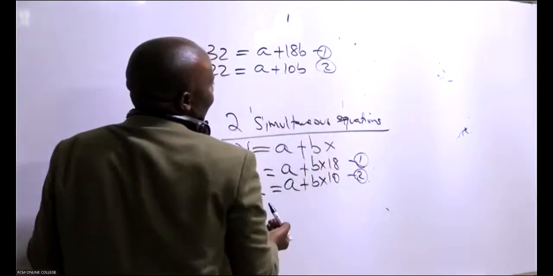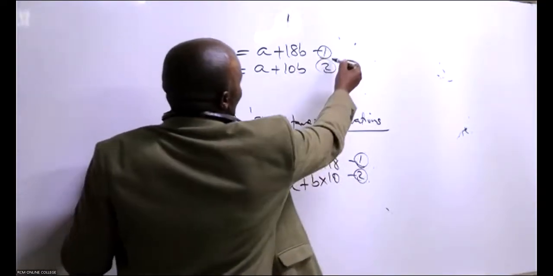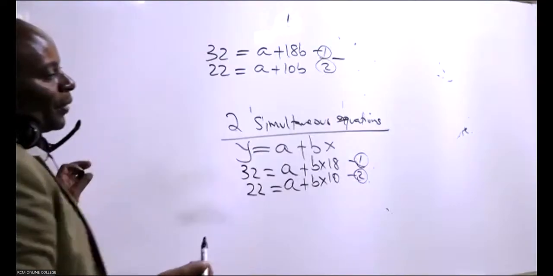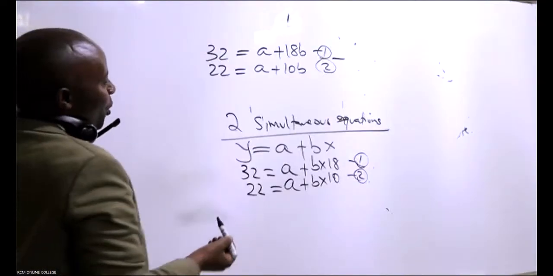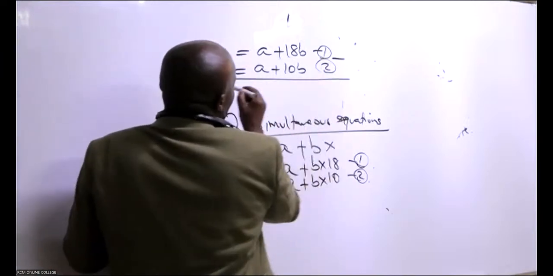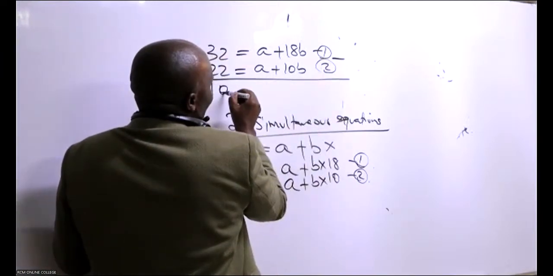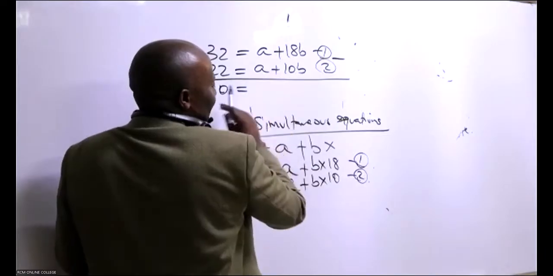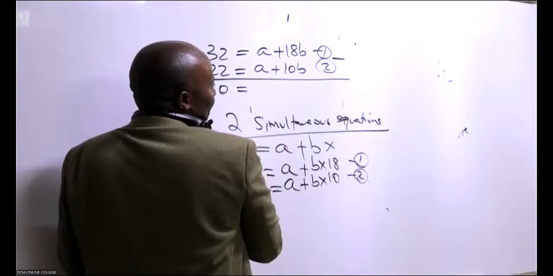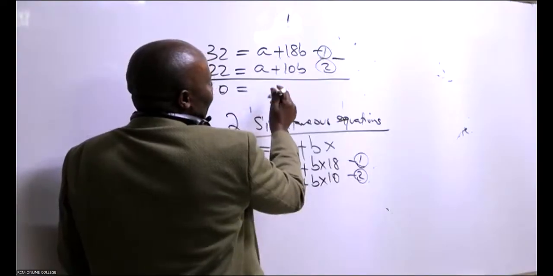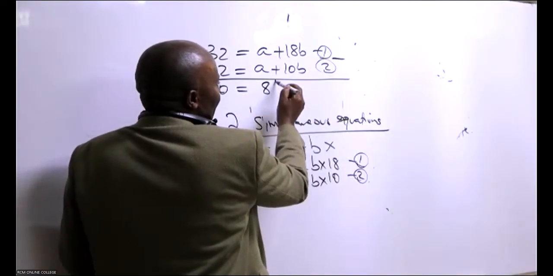Then we eliminate a through subtraction. 32 minus 22 gives 10. A minus a disappears, which was our objective. 18b minus 10b gives 8b.